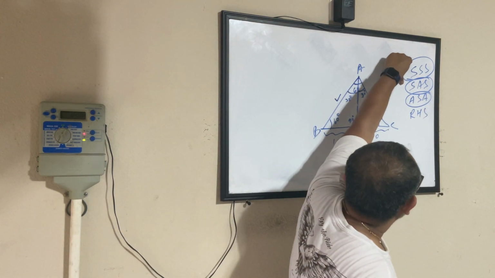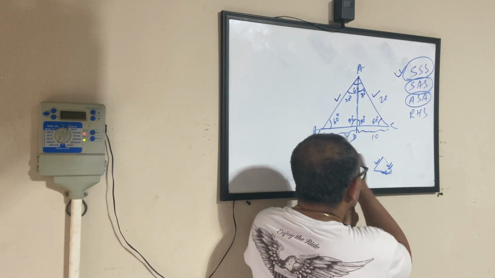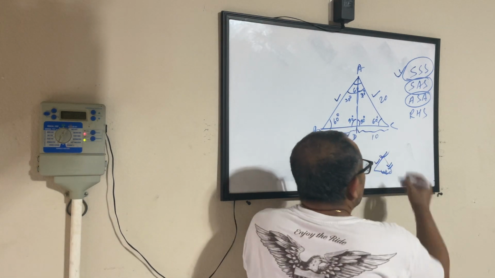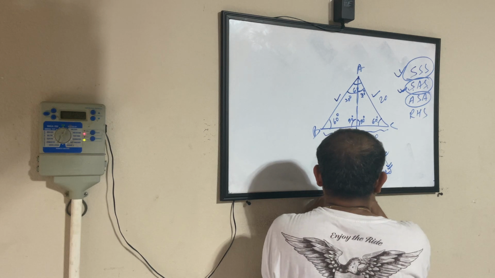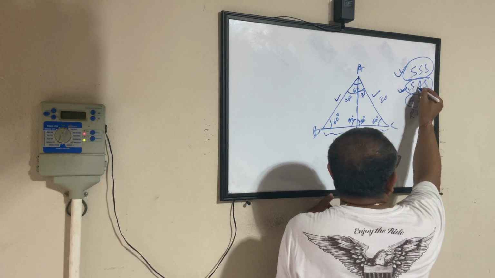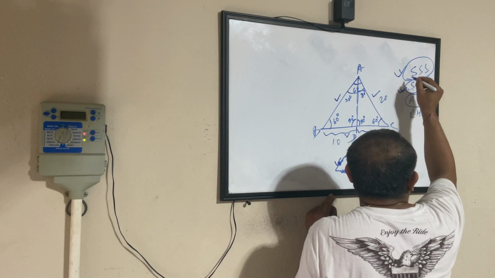But coming back to this one, this is one theorem, SSS. Meaning, if I have two triangles where the three sides match, I can assume that they are congruent. Second option is SAS, meaning if two sides, this side match, this side match, and the angle between the sides match. S stands for side, A stands for angle.